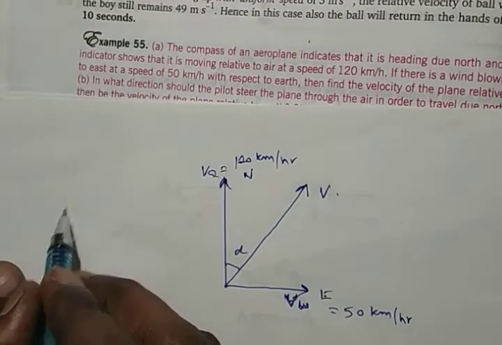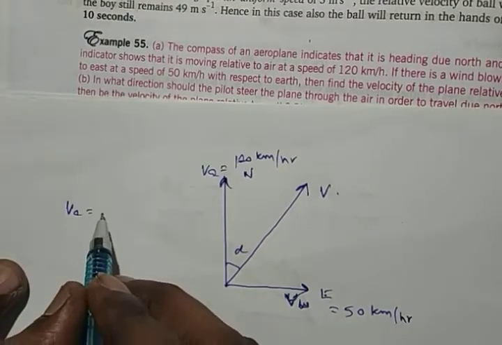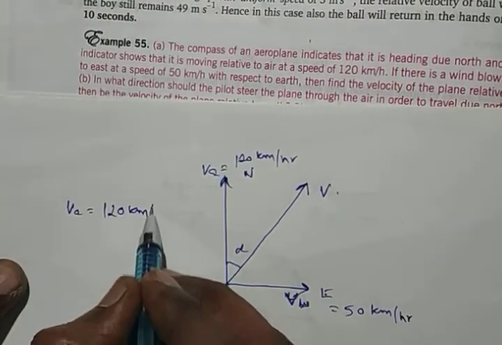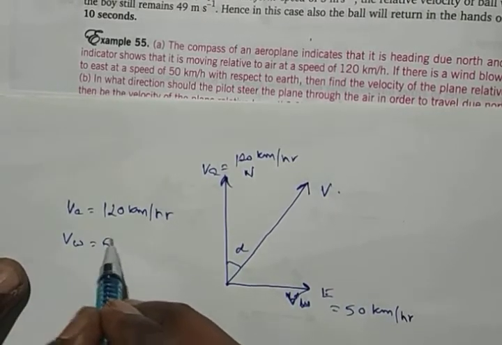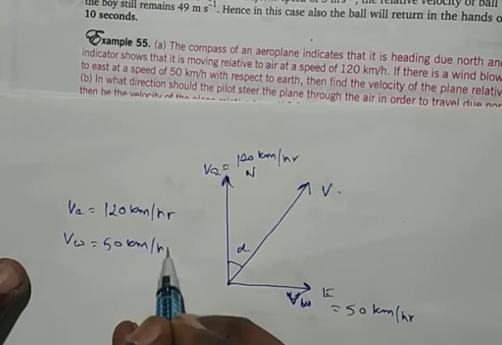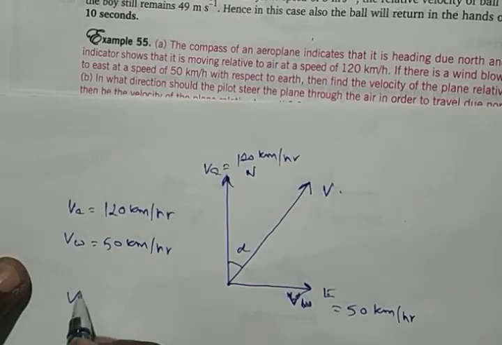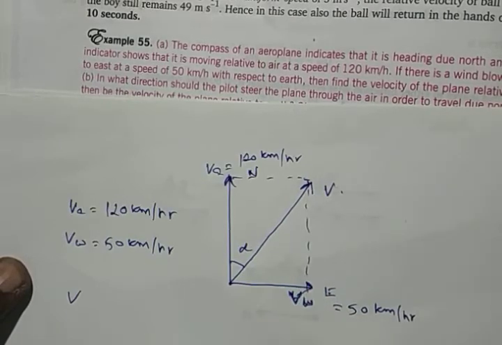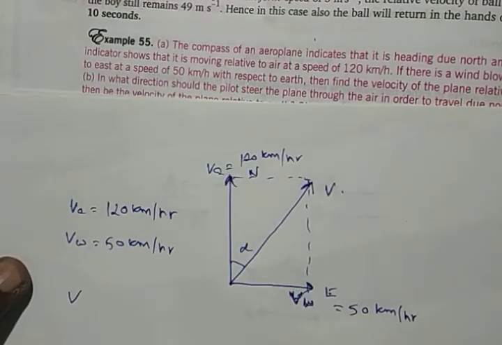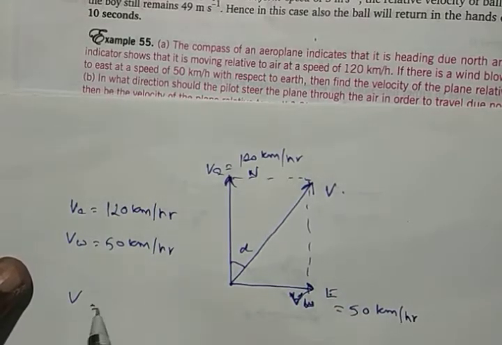Now what is the velocity V here? So write down first of all, velocity of the airplane is 120 km per hour, and velocity of the wind is equal to 50 km per hour. And what is V? You can see this one is in terms of rectangular components of vectors.